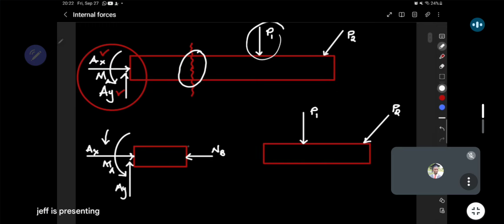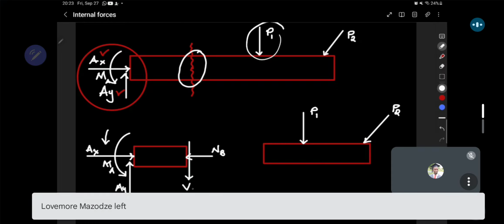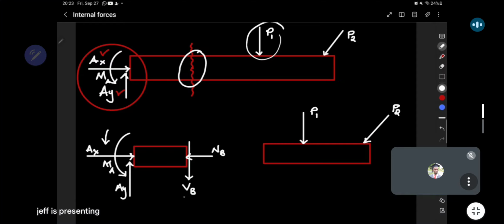The shear force will be trying to slide this piece downwards. You can still guess that it's going upwards, but mostly here we'll assume it's going downwards, and we're going to label it with the symbol V. Since it's at B, again we'll say the shear force at B. The last one is going to be the bending moment.